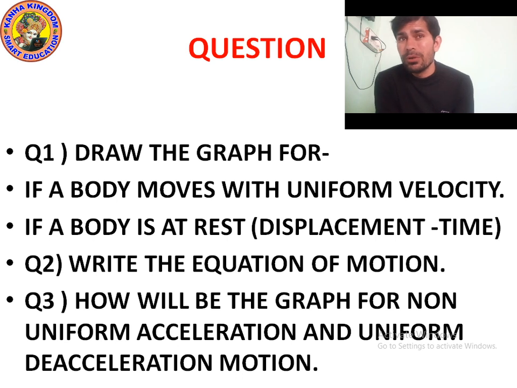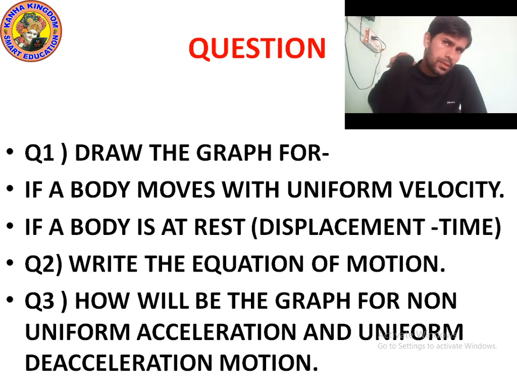We know the formula v is equal to s upon t, so s is equal to v into t, because we know the value of v. Here the time t will be t2 minus t1. So you can also write s is equal to v into t2 minus t1. And next question.